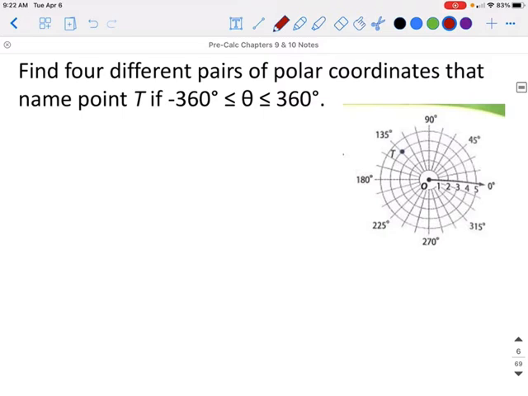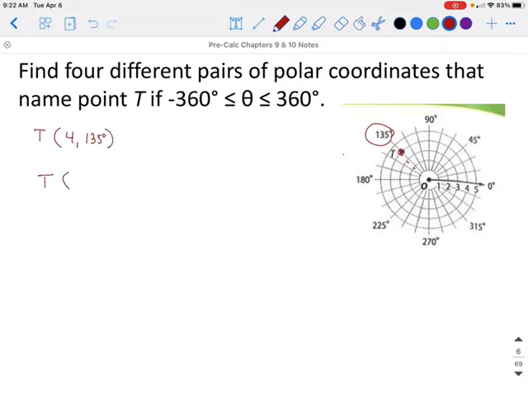So we need to find 4 different pairs of coordinate points for point T. Now this is in degrees, and this is the 1, 2, 3, 4th ring out. So T is located at 4 and 135 degrees.